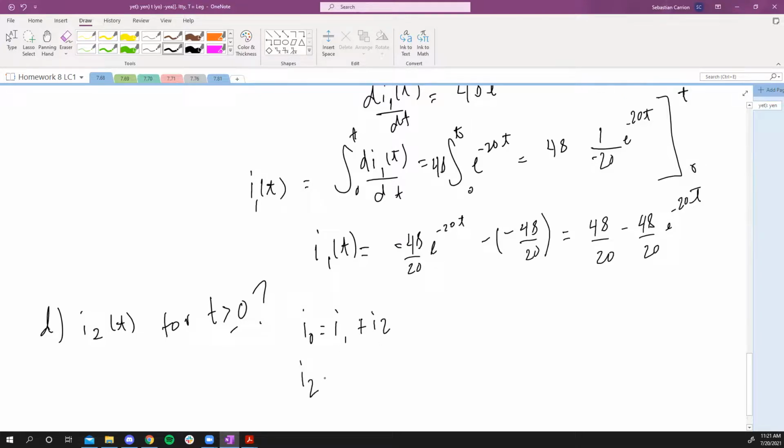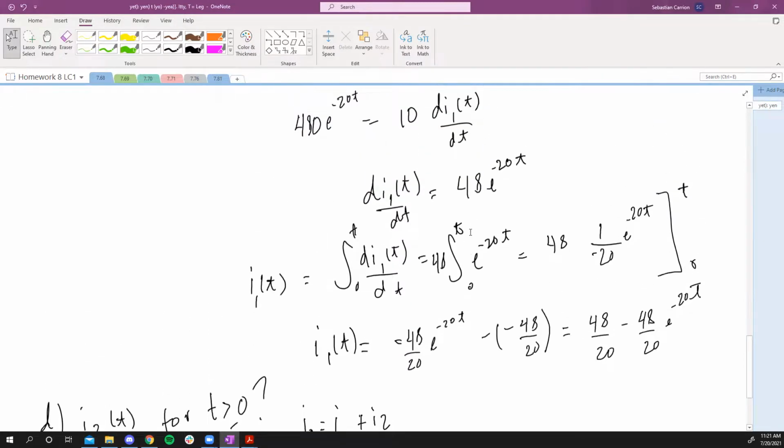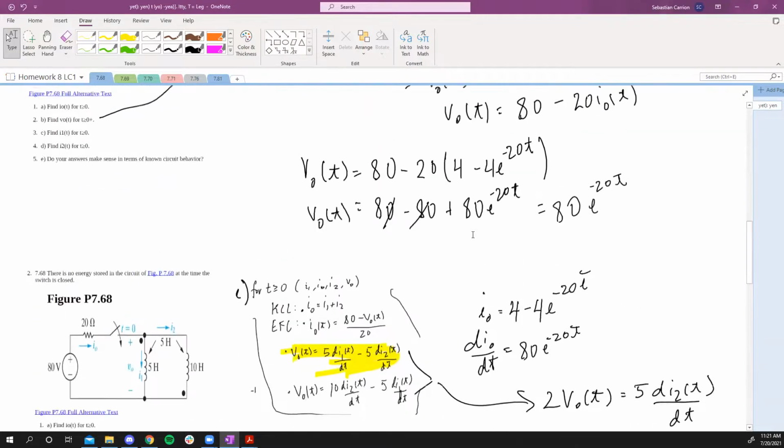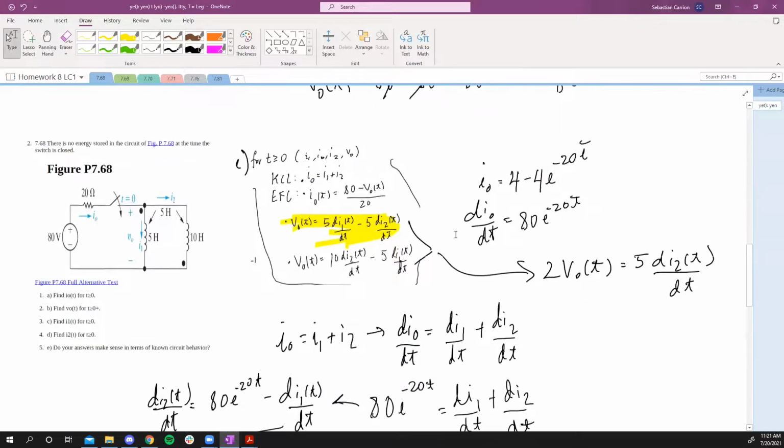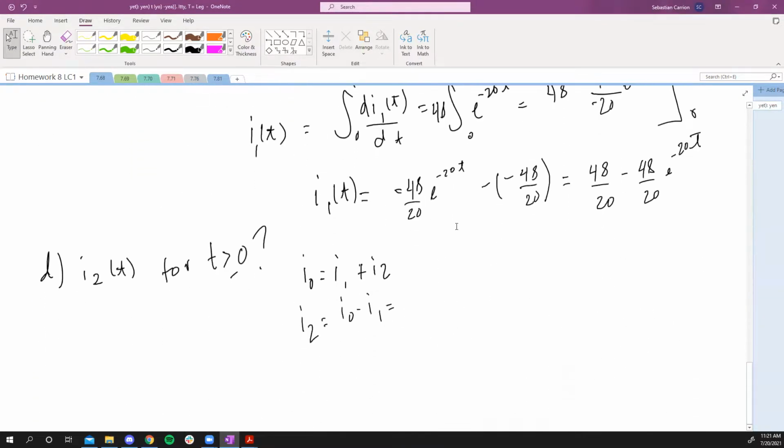So then we can say i2 is i naught minus i1, and i naught is 4 minus 4e to the negative 20t, minus 48 over 20 minus 48 over 20 e to the negative 20t.